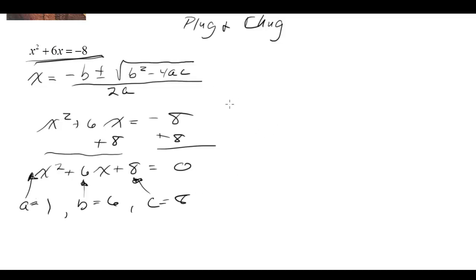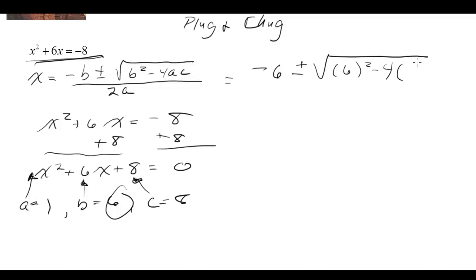So now I plug it into my formula. This is going to equal minus b, so it's going to be minus 6, plus or minus the square root of b squared, well, that's going to be 6 squared, minus 4a. Well, what's a? a is 1, times c.